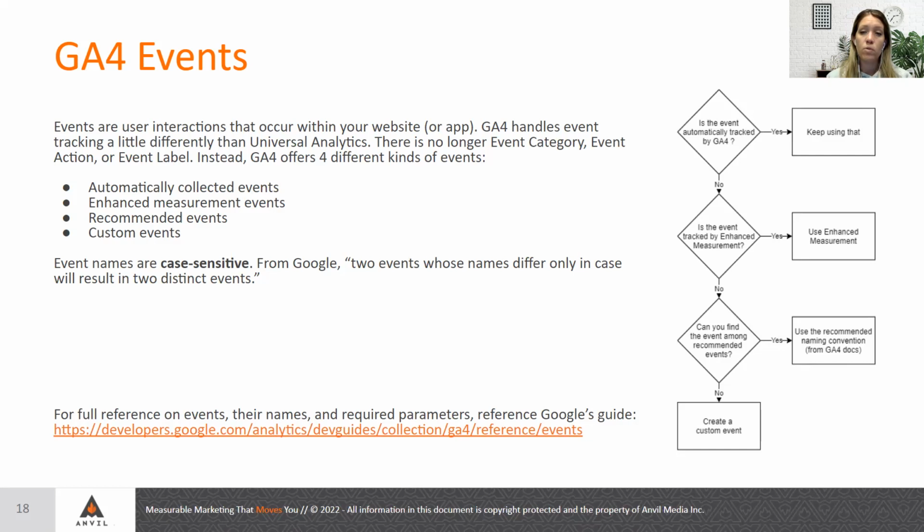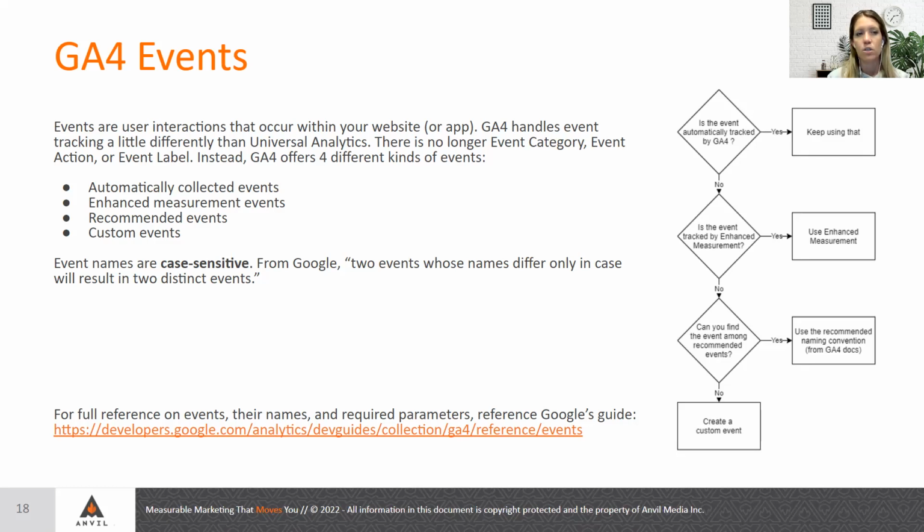So from Google, what they've explicitly said is that if you have 2 events that are named the same, but one has a capital letter, one has a lowercase letter, Google Analytics 4 will understand those as 2 completely different events. So case sensitive, the naming conventions have to match exactly as GA4 has provided instruction, because otherwise it won't implement properly and it will cause issues in the long run.